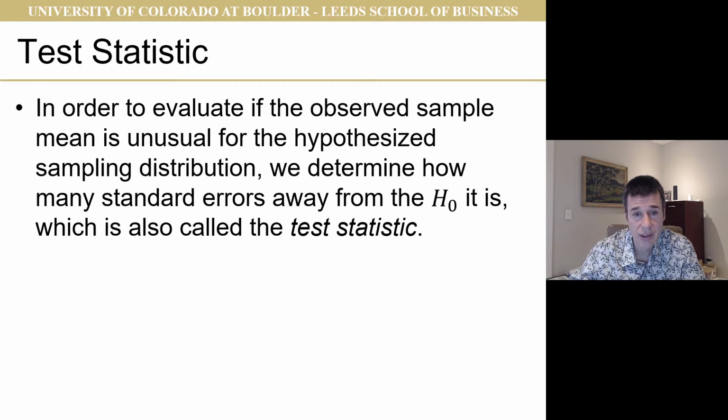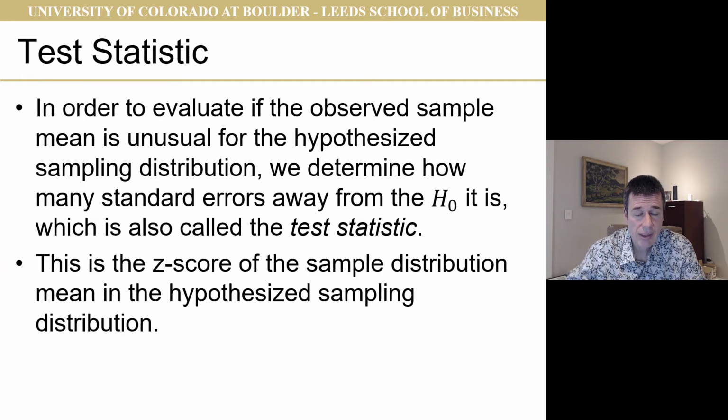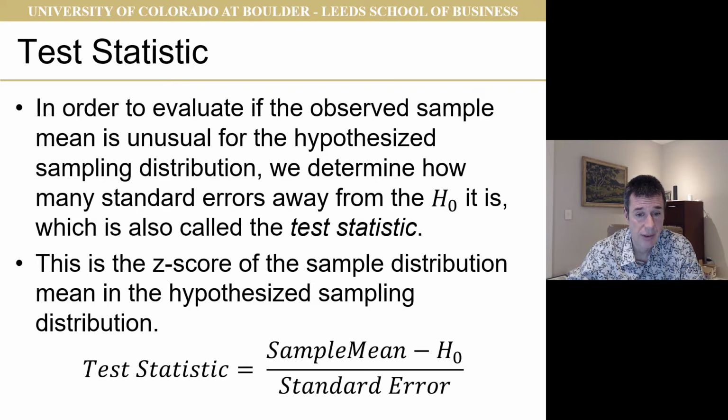And this is called the test statistic. So the test statistic is the z-score of the sample mean in the hypothesized sampling distribution. The test statistic is the sample mean minus H0, divided by the standard error.